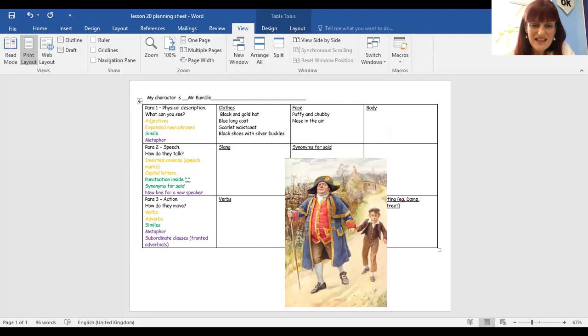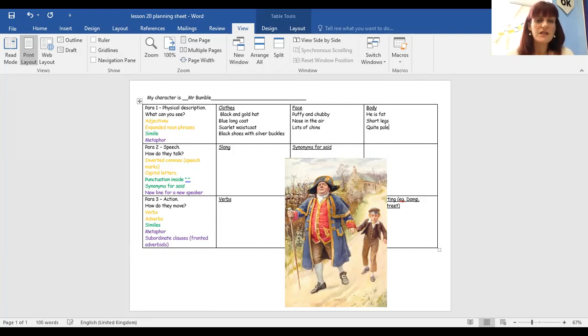I can't see his hair. He's got lots of chin. Okay, what about his body? Well, there's one thing that strikes me about that body. He is fat. He's clearly lived the good life, unlike Oliver. He's not very tall, so he has short legs. Pale, it's quite pale. Okay.